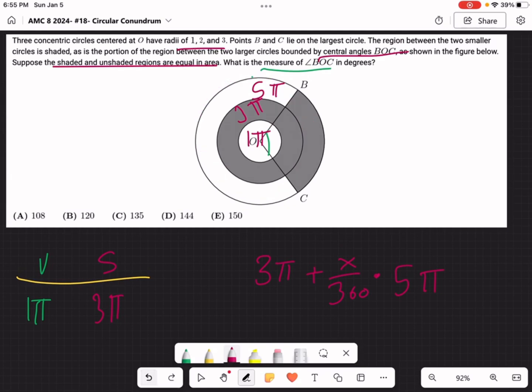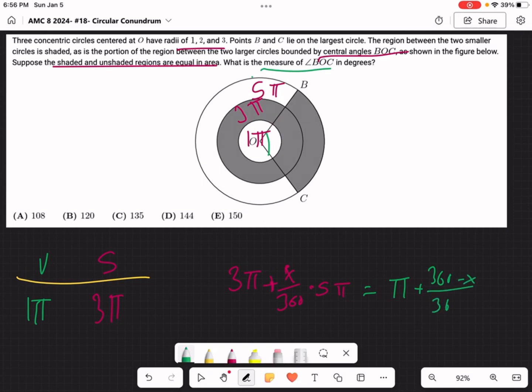So 3 pi plus x over 360 times 5 pi, and this is going to be equal to the unshaded area, which is pi plus 360 minus x over 360 times 5 pi again.